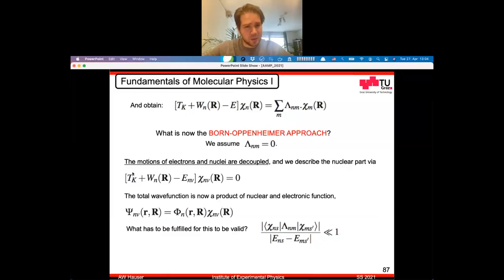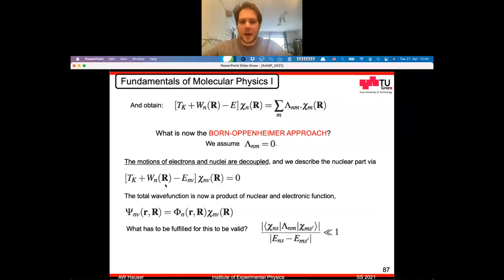Differential equation for the kinetic energy for the nuclear wave function in the potential, which is a consequence of the electronic energy which changes with distance.